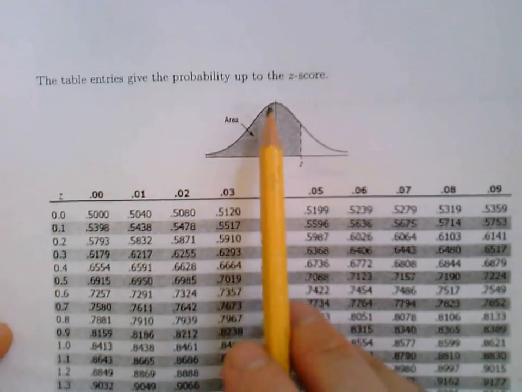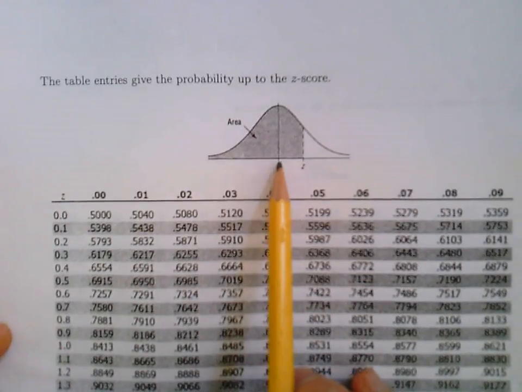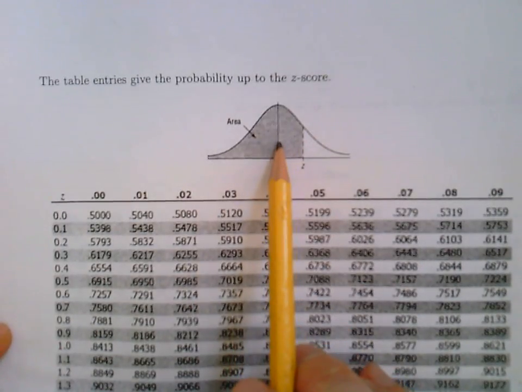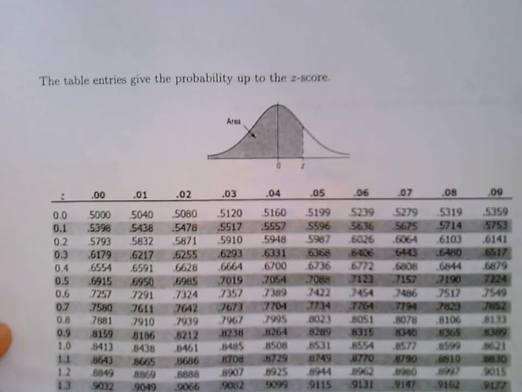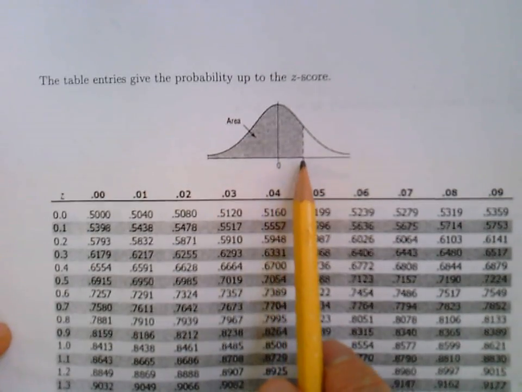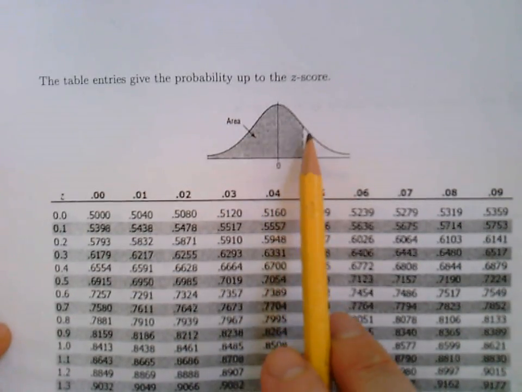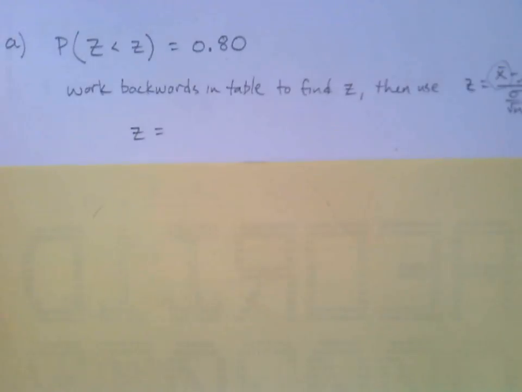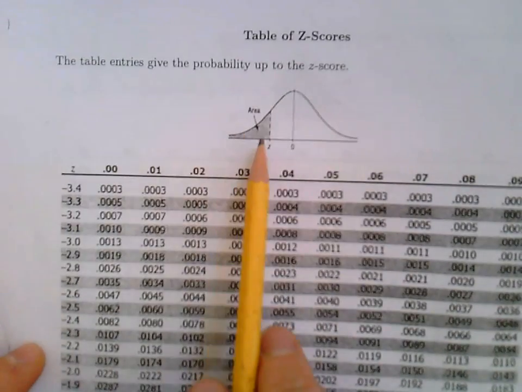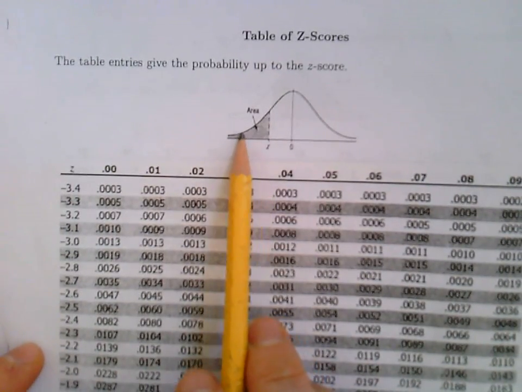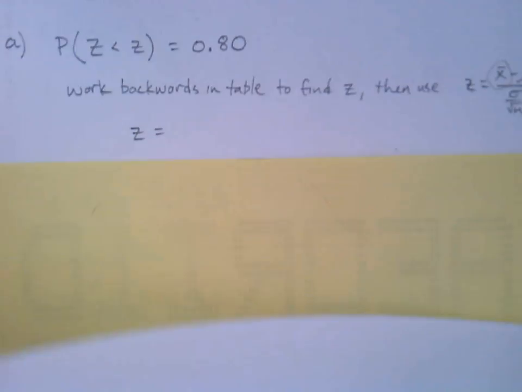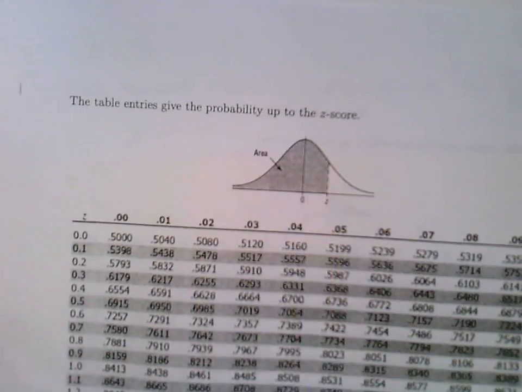Why is that? Because right there down the middle at the 0, that's the 50th percentile. That cuts off 50% of the data. So if we're talking about 80% of the data, then we're definitely up here somewhere, as opposed to being down there, right below 50%. So the 80th percentile is above 50%.